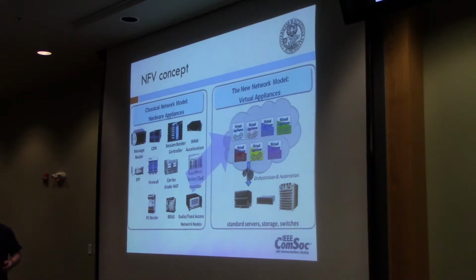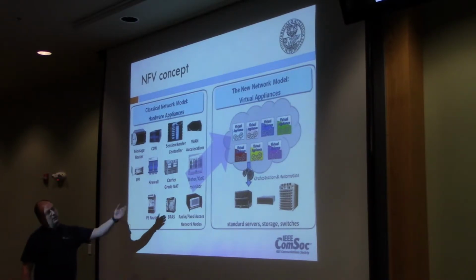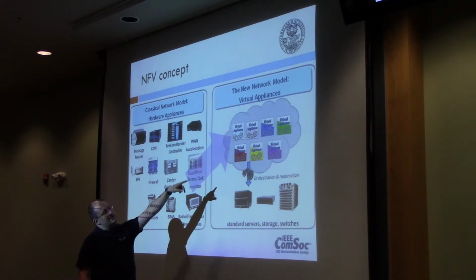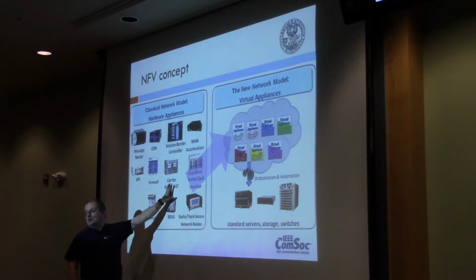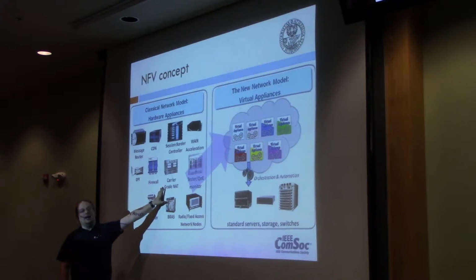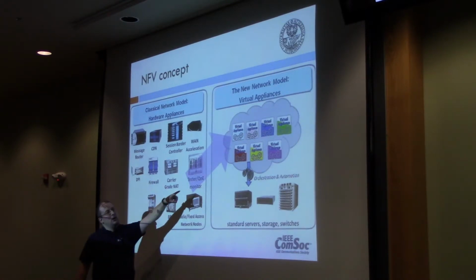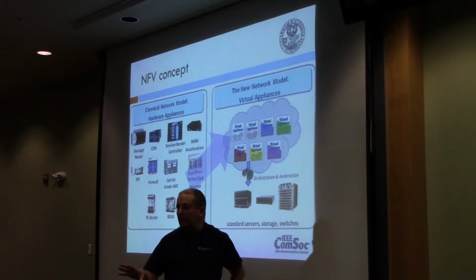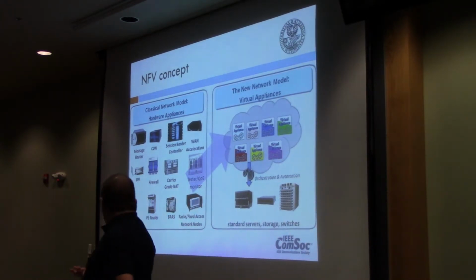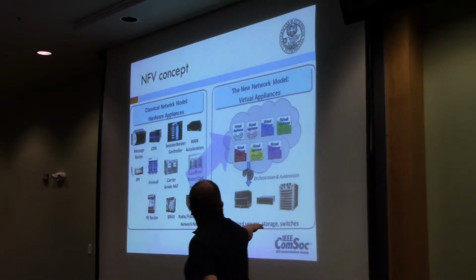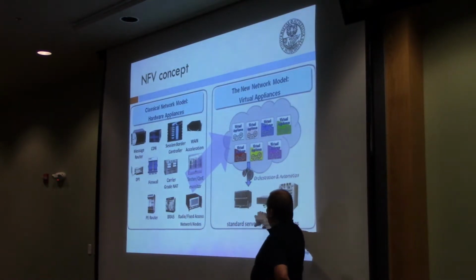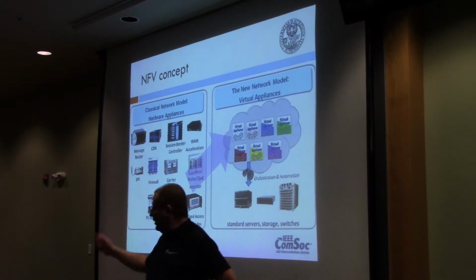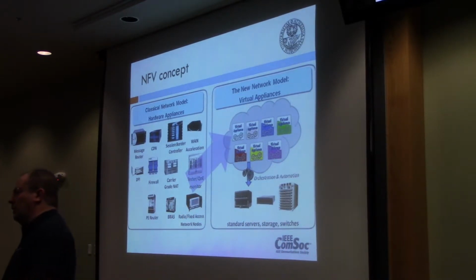The approach with network function virtualization is that you will have virtual appliances that implement the functionalities that you have on the left. So instead of having a firewall, you will have a virtual firewall appliance, which is software that you download and you install on, for example, a rack of servers, a server farm, or even a common PC, depending on what I want to do.